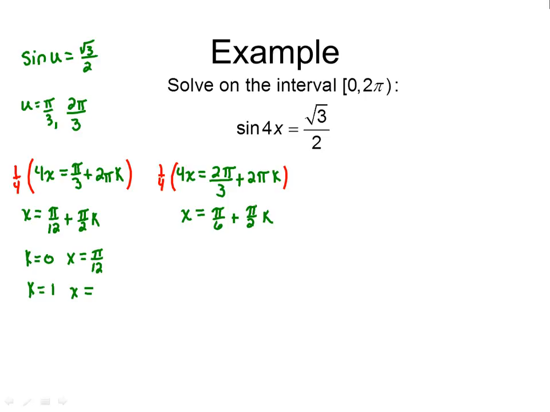In other words, in your calculator, do 1/12 plus 1/2, and you want an improper fraction. What'd you get? Which is basically 7/12, which is going to be 7 pi over 12.